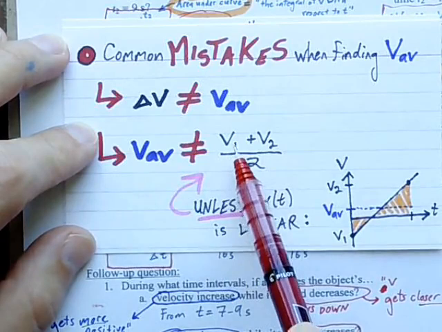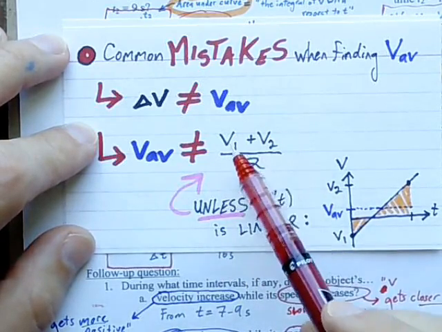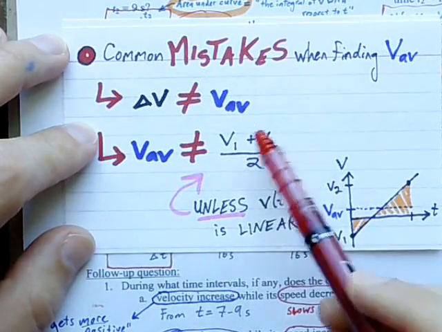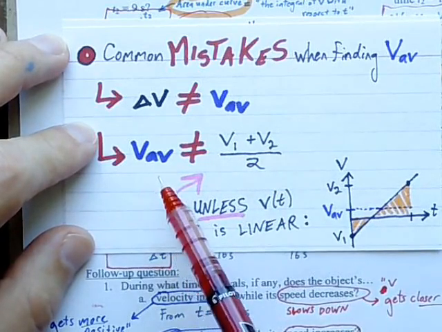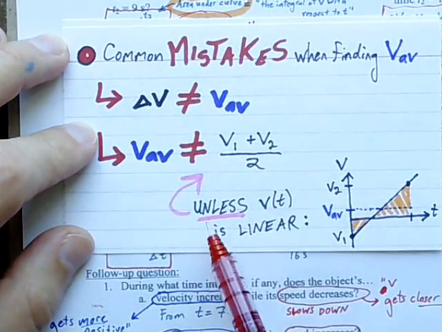And average velocity is not always equal to initial velocity plus final velocity divided by 2. This formula looks like the mean of the initial and final velocities. This does not always give you the average velocity. It does give you the correct value only in one special case.